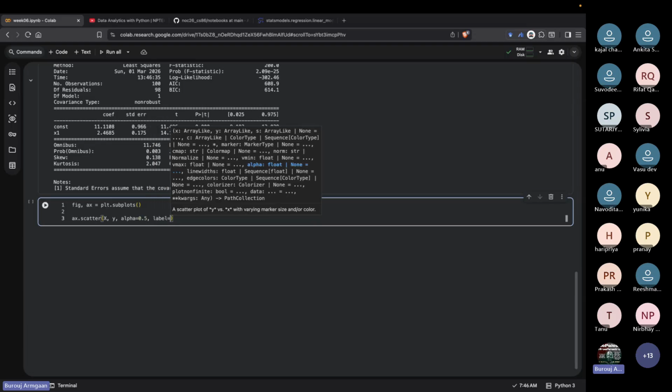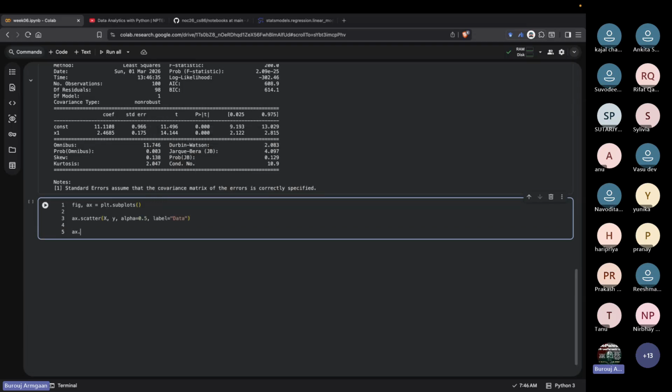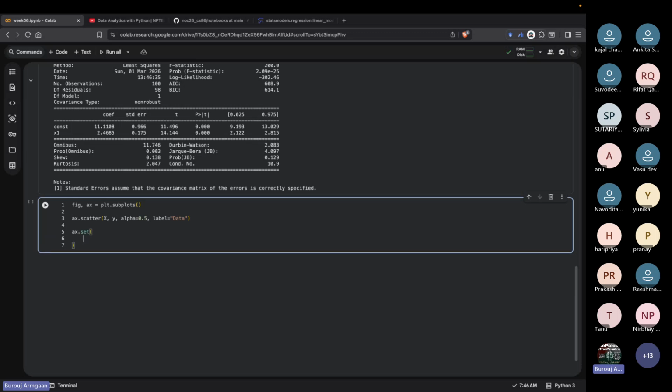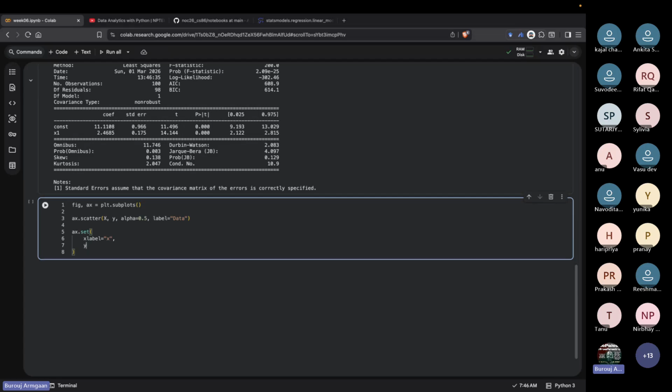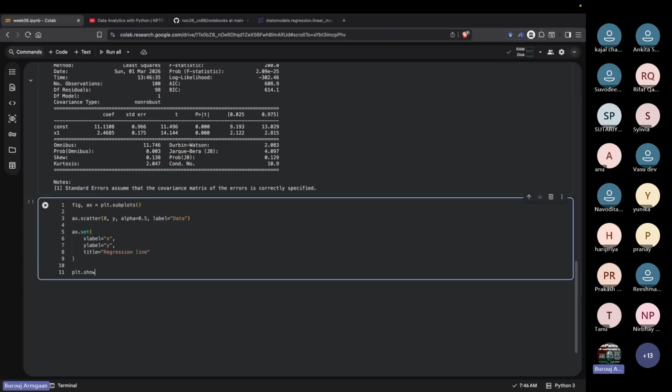And if you want, you can label this as your data. Okay. And we can say ax dot set, my x label should be x, my y label should be y, and we can also set a title saying regression line, and we say plt.show.